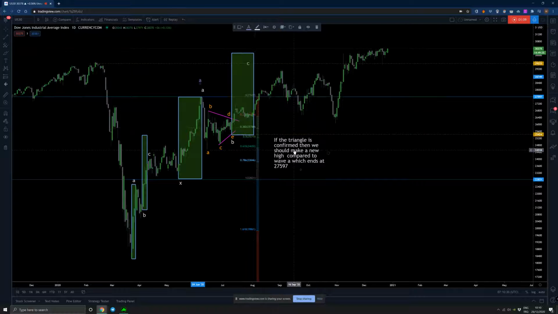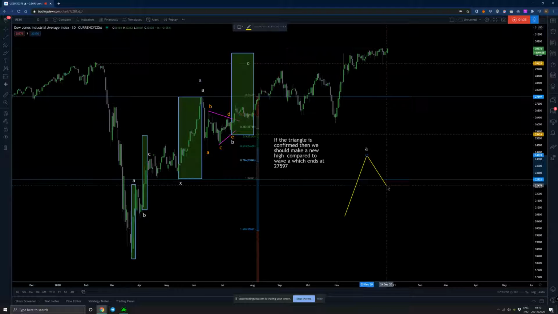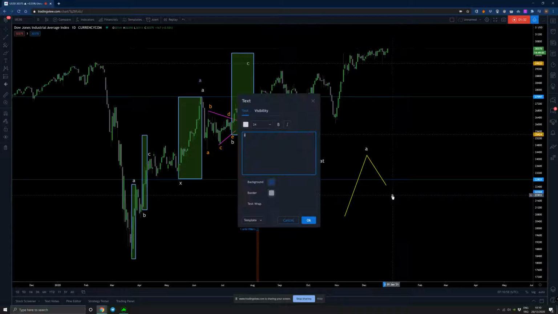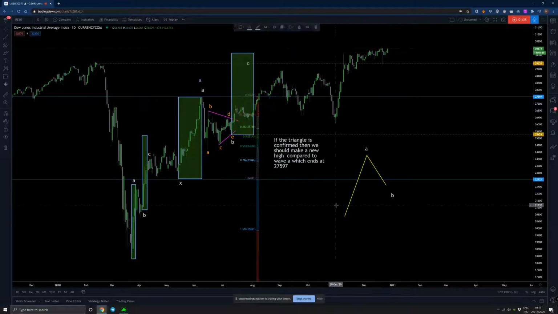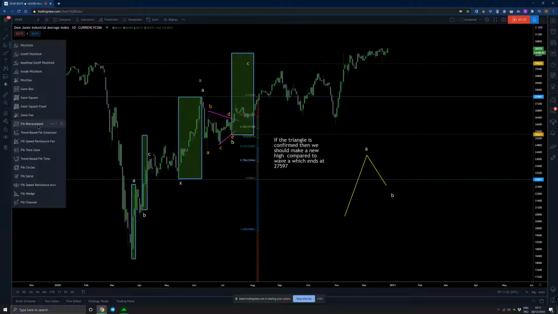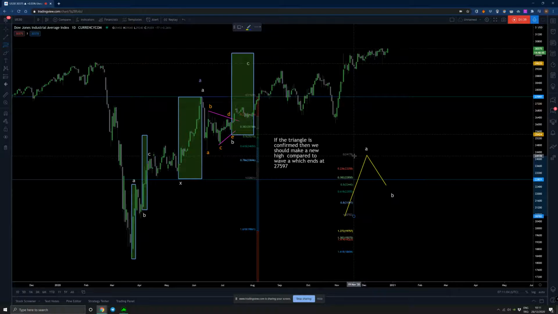Now, let me explain why I was thinking this, what happened, and what to expect next. Whenever you have a move like this as a wave A, and you have a wave B that is coming less than 618 of wave A, what you should do is go to the fib retracement from start to end, and check the 618.